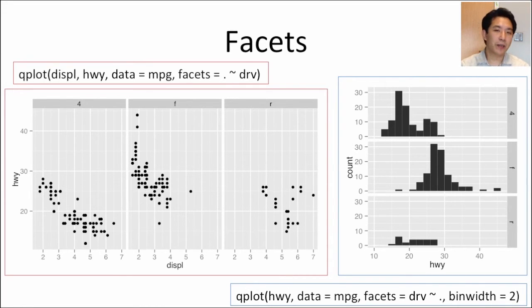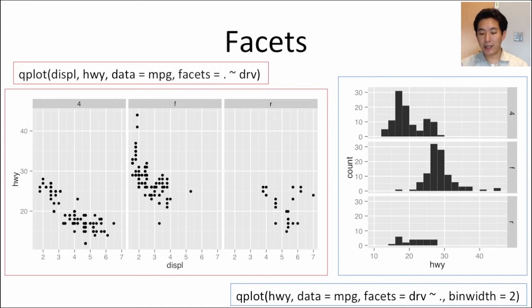And so there's no variable that indicates how many rows there should be in this plot. That's why in the facets argument I have a dot on the left-hand side. On the right-hand side, I've got the drv variable, which indicates how many columns. Because there are three levels to this drv variable, there are going to be three columns. And since there's only one row, there's going to be three plots all in a row like that.